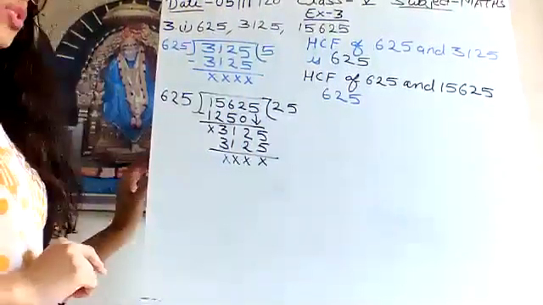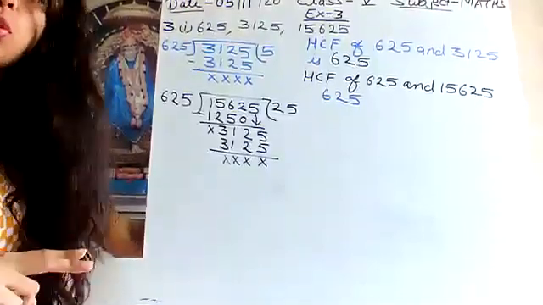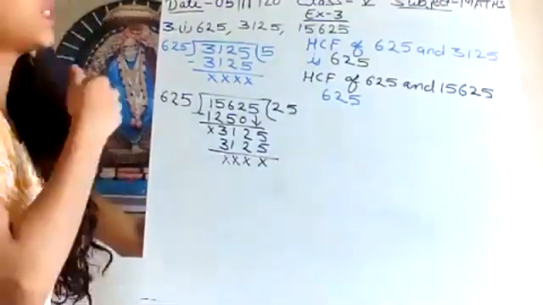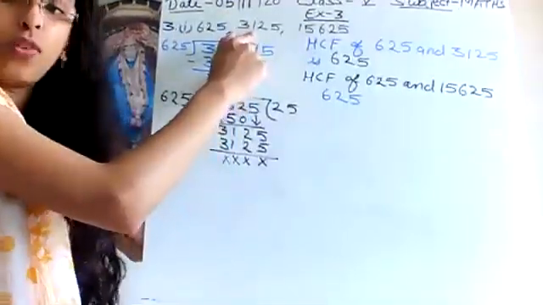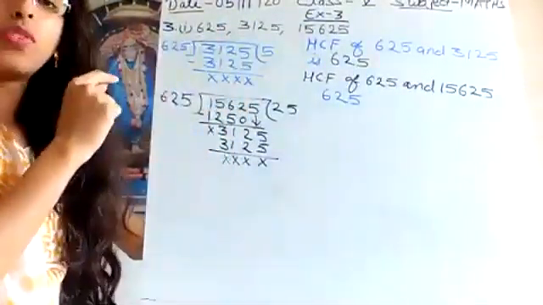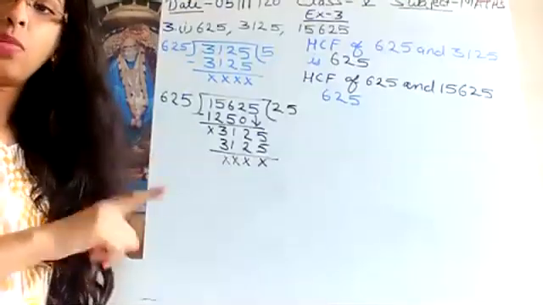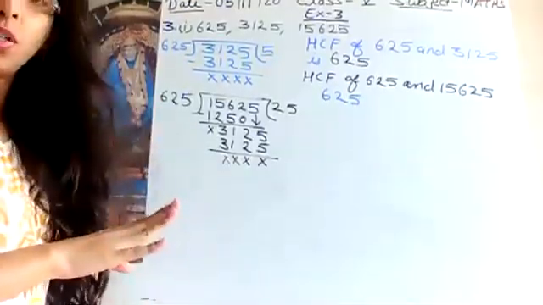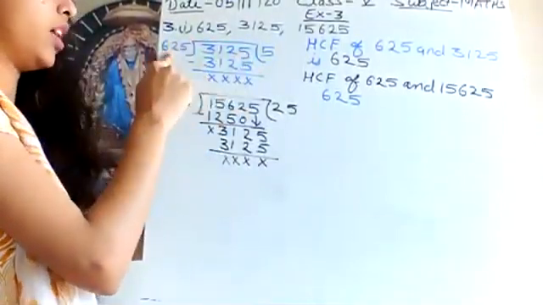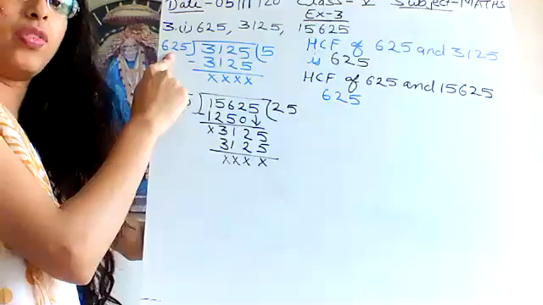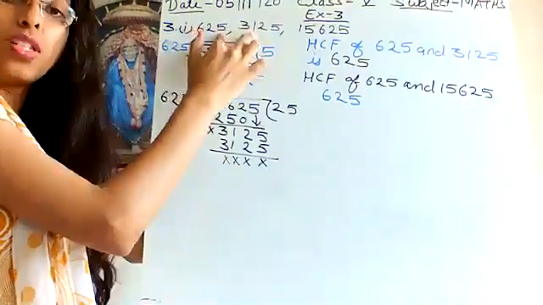So in long division method, first we will consider two numbers. So let's consider 625 and 3125. Now in long division method, the smaller number will become the divisor and the greater number will become the dividend. So 3125 is divided by 625. First we will find the HCF of these two numbers.